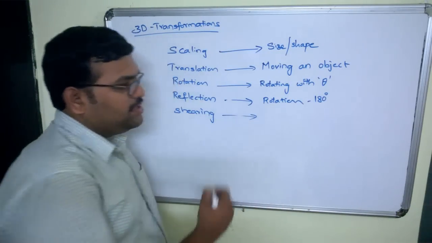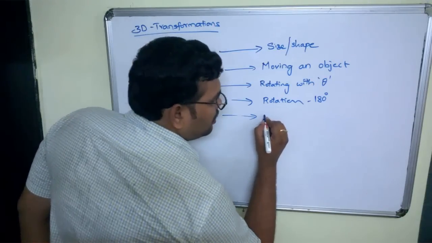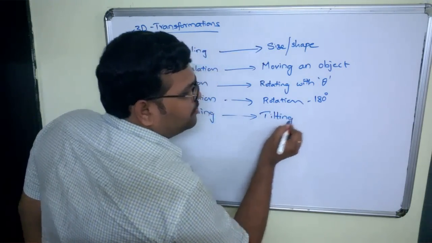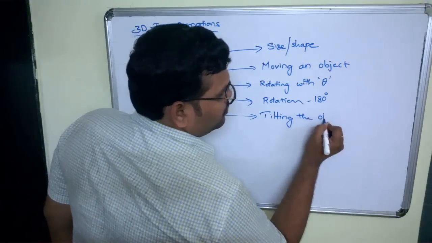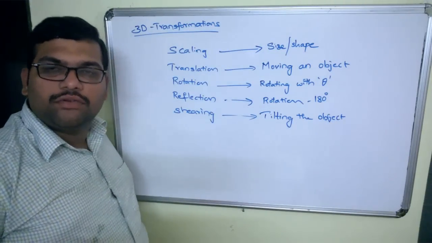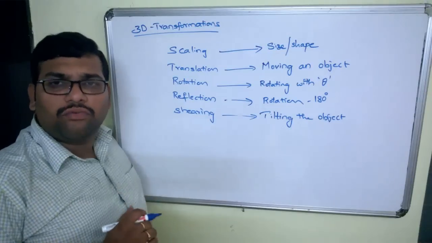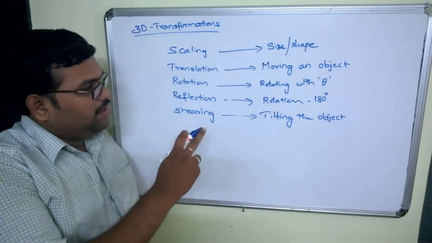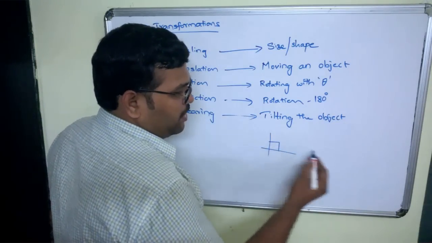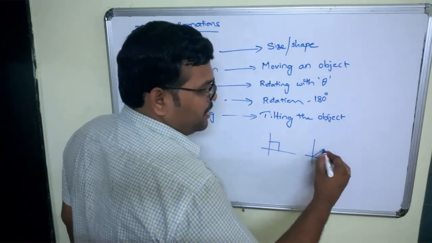And shearing is just tilting the object. With respect to the x-axis or y-axis, if we tilt the object, say it is a square, the tilting means it will be like this.